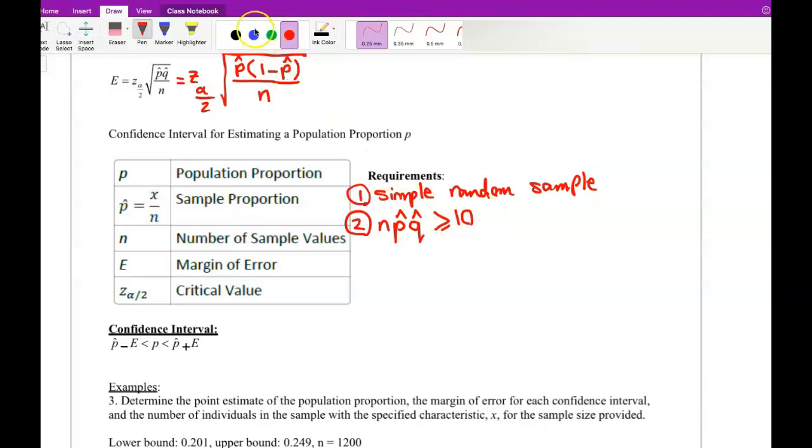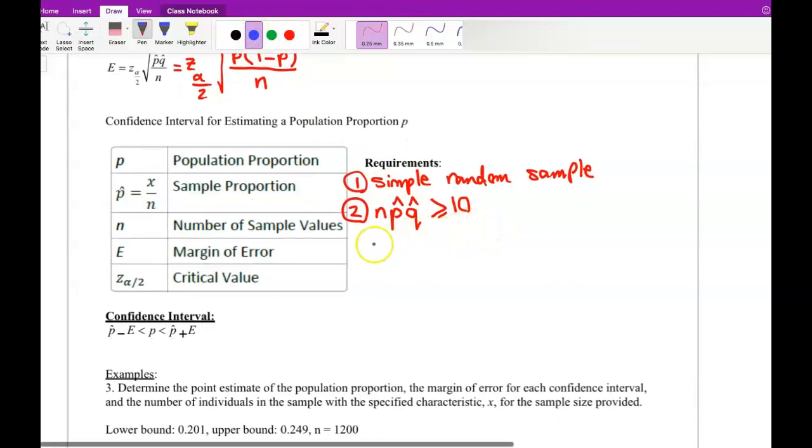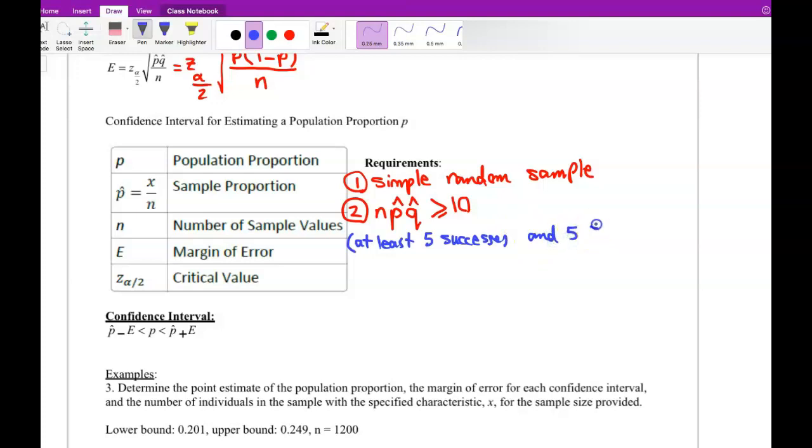What that means, this means I should have at least 5 success and 5 failure. So for this part, n times p greater than or equal to 5, and here n times q greater than or equal to 5.